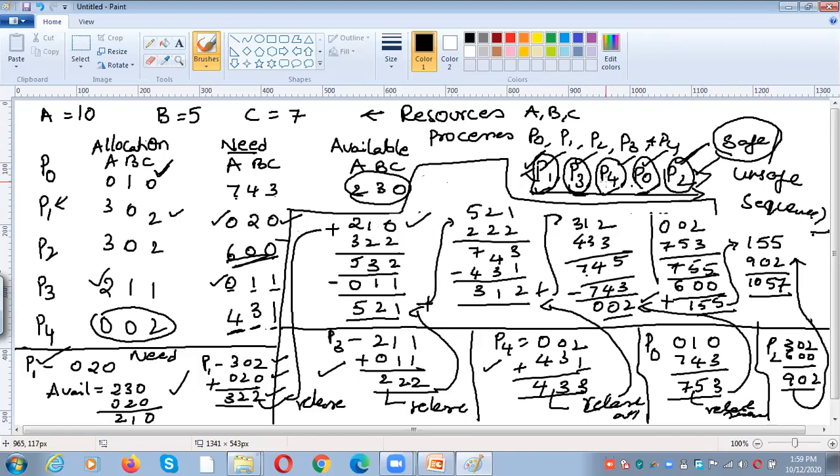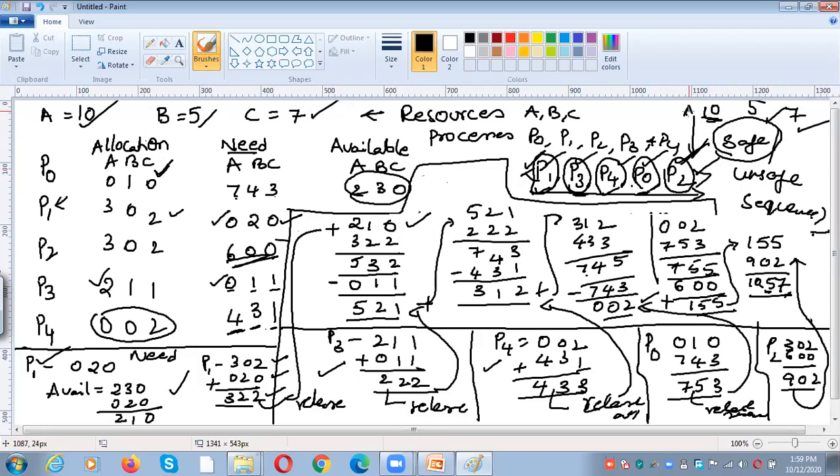How can we check whether we are solving the problem correctly? At the end of the sequence A, B, C, what is the value of A? 10. B? 5. C? 7. So 10 instances of A, 5 of B, and 7 of C. At the starting we have 10, 5, 7, and at the end, all the processes complete execution and all the resources are released.